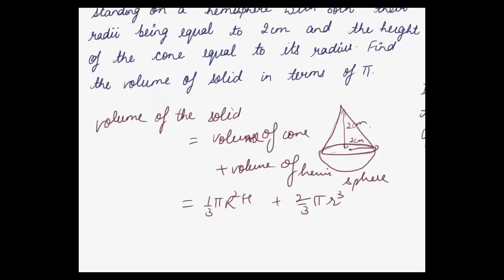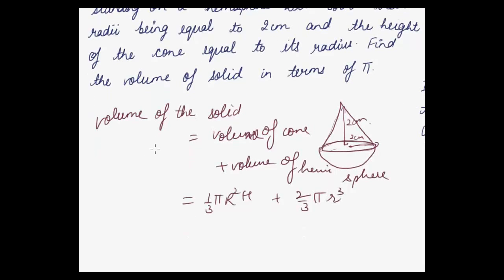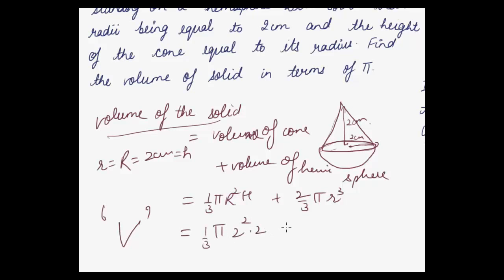Now radius of cone is equal to radius of hemisphere, and the radius is 2 centimeters, which is also equal to height of the cone. So on substituting the value, if let V denote the volume of the complete solid, it will be 1 by 3 pi 2 square into 2 plus 2 by 3 pi 2 cube.